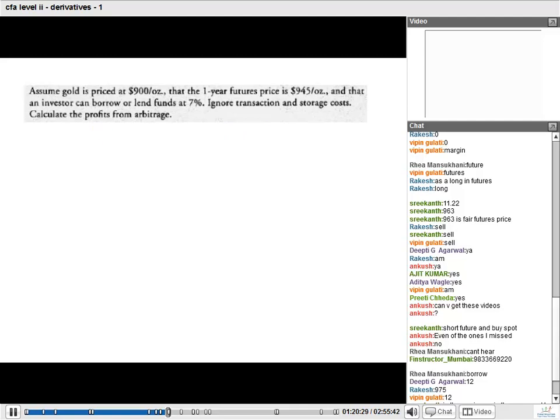The fair forward price is 963 as we calculated. Now we have identified the futures as cheap. So you should long the future because the future is cheap. Now again, if you have to long the future, you will need to have $945.